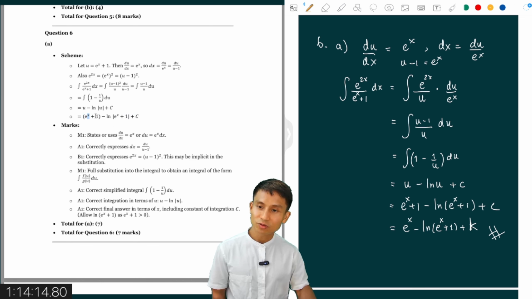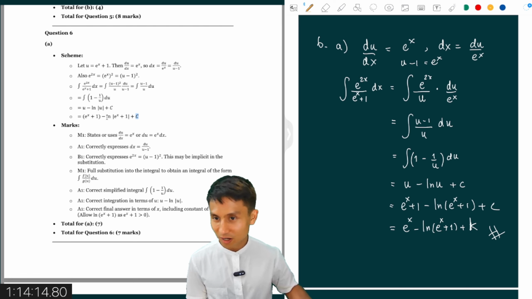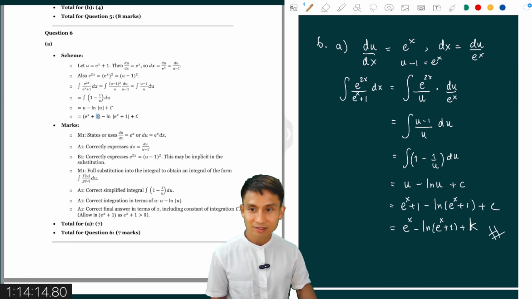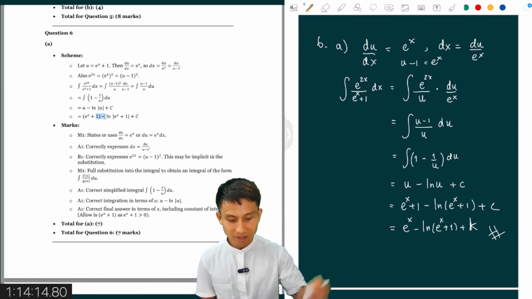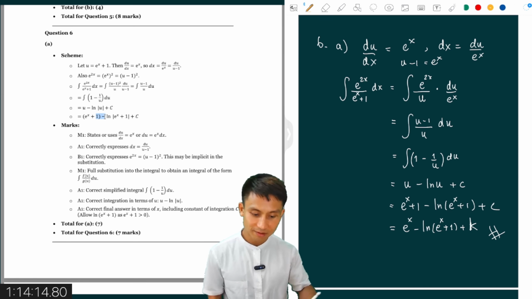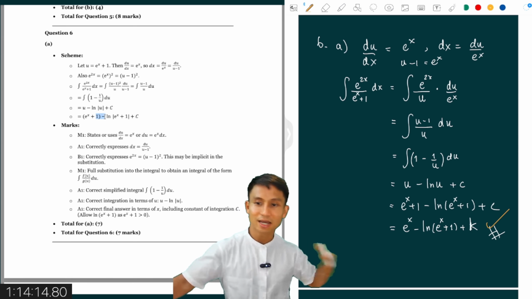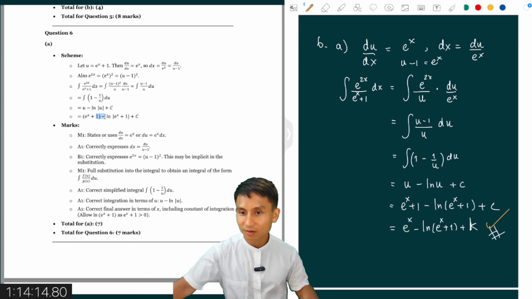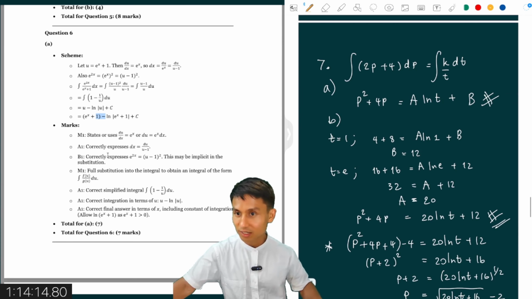You merge the 1 with the C or don't merge, it should mean the same thing, right? I'm confirming here that this is not a mistake because I ignored the 1 there. I put it into a different constant because it's an unknown constant anyway. So if you do 1 and C together, it's just another different constant there, which is fine. Okay, no mistake there.